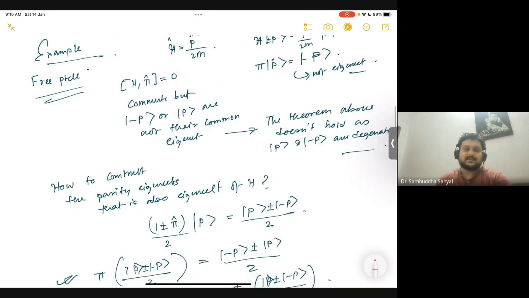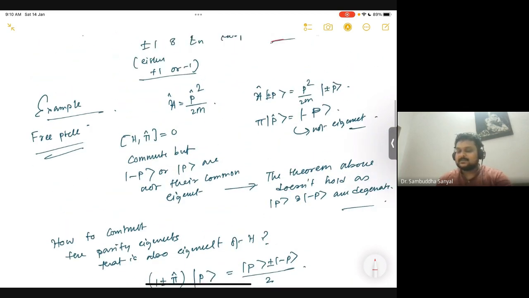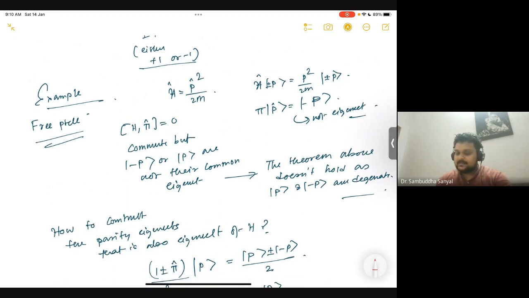Now we did two examples. One was the example where this was not so obvious to construct, because it is not an eigenstate of the operator, and the common eigenstate is not a joint eigenstate, so you have to construct that eigenstate.